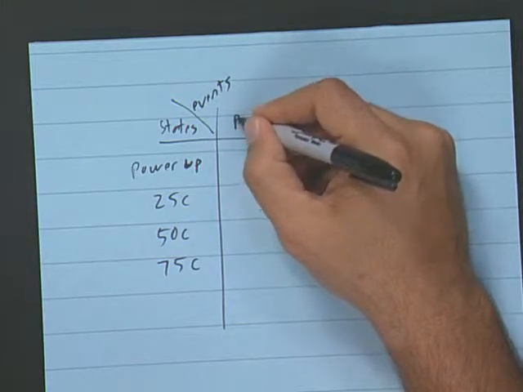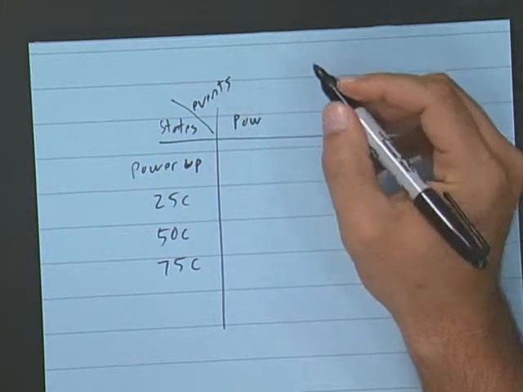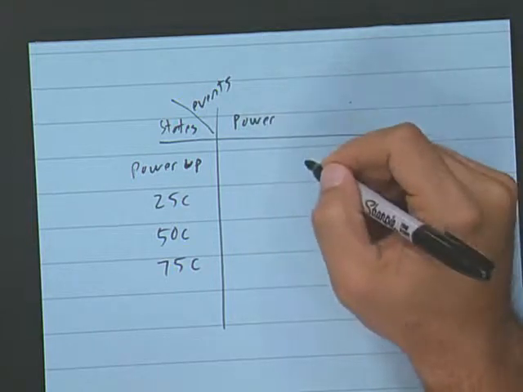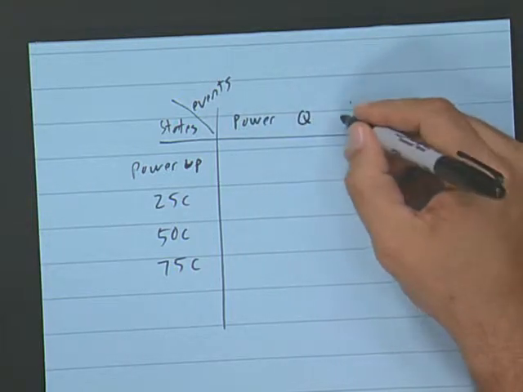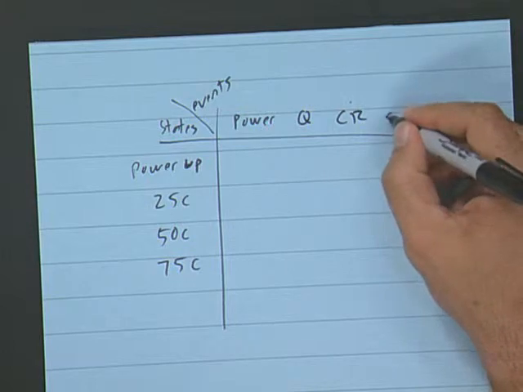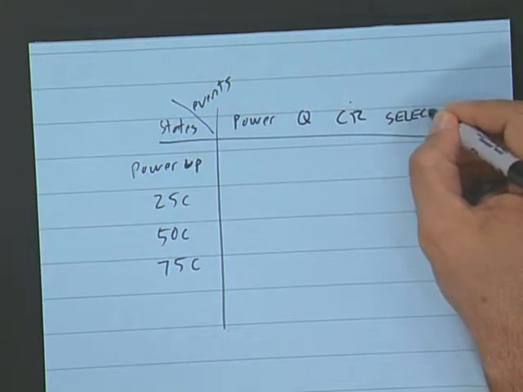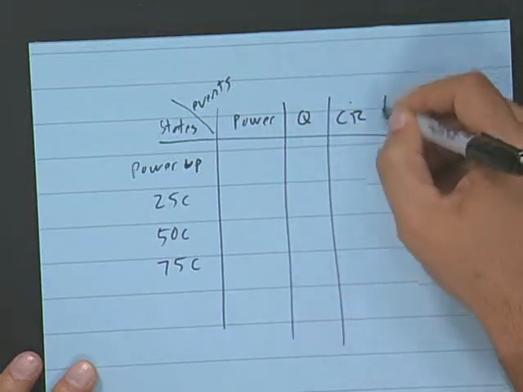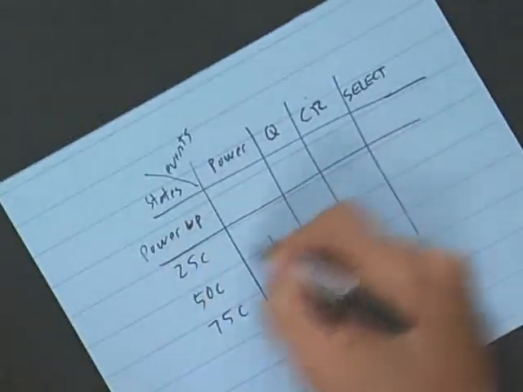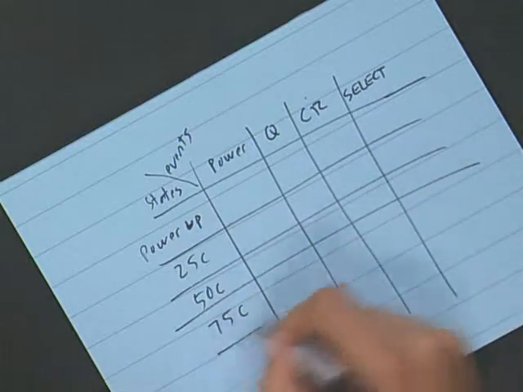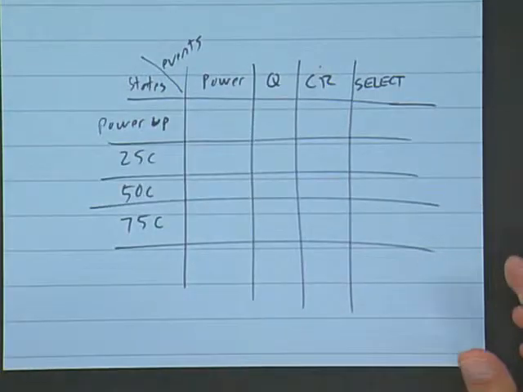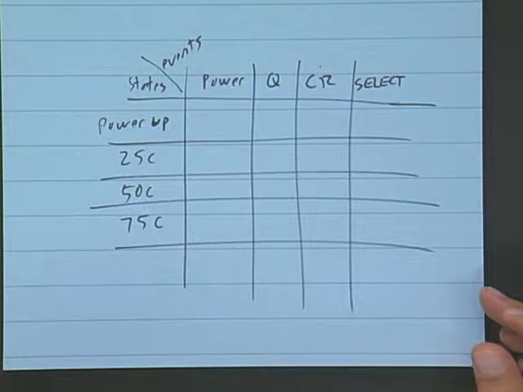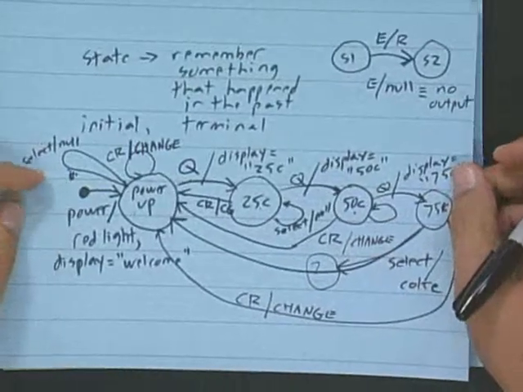My events are power, quarter, change return, select. Okay? Let's draw a little matrix here. And the way you can work through this is you can create a matrix form of this same state machine.